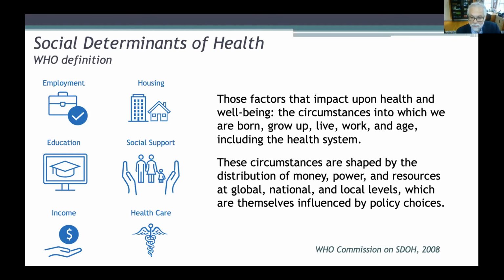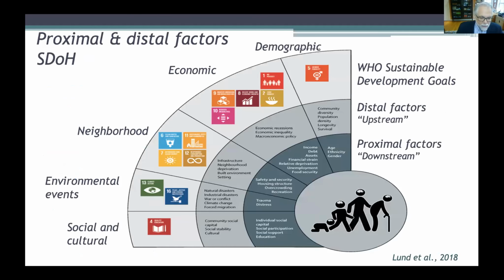I'm going to switch to the next slide, please. Thank you. This is a schematic that divides social determinants of health into these 5 categories. Now, there have been a number of such schematics, different ways of organizing social determinants. This is one that comes from people who work with the WHO Sustainable Development Goals.